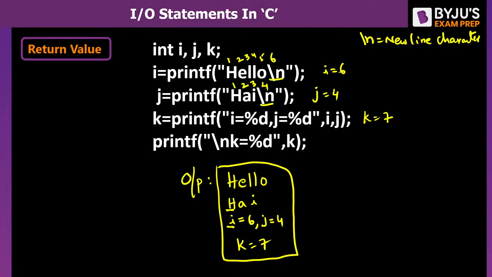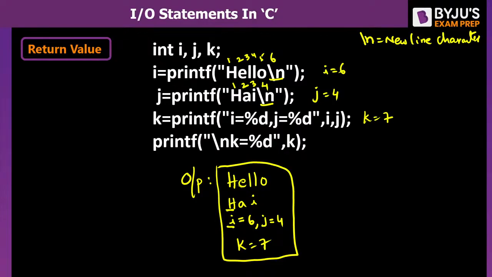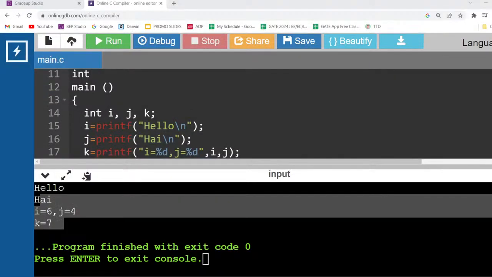Hello, hi, i equal to 6, j equal to 4, k equal to 7. That only we got. Both are the same? Yes or no? Understood everyone?